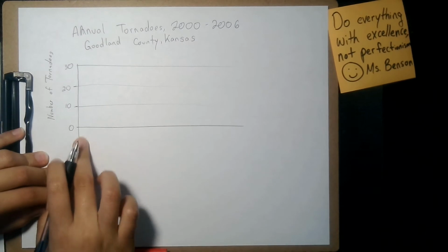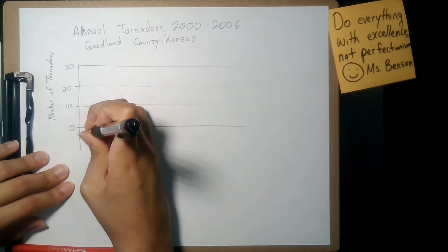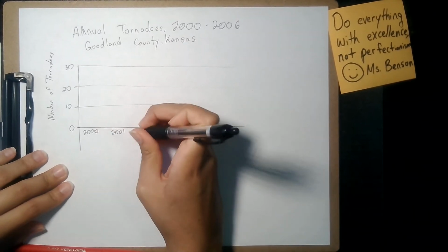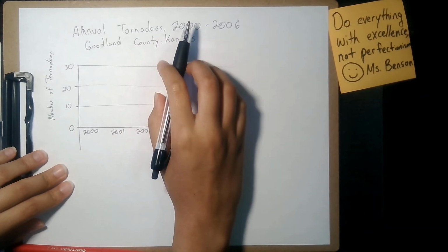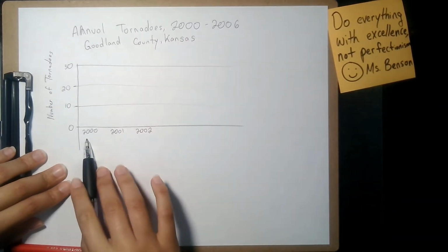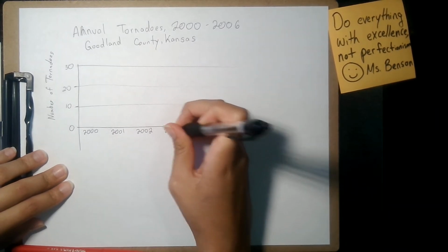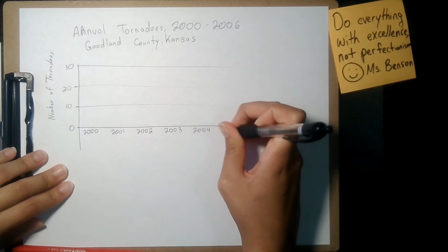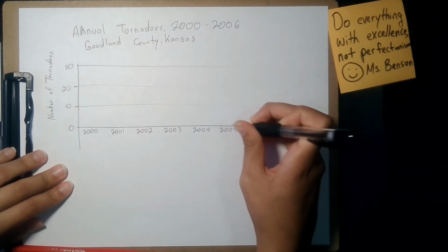I made the chart a little bit too big. So we have the year 2000, 2001, 2002. My range is from the year 2000 to 2006. So 2000, 2001, 2002, 2003, 2004, 2005, and then I finished with 2006.